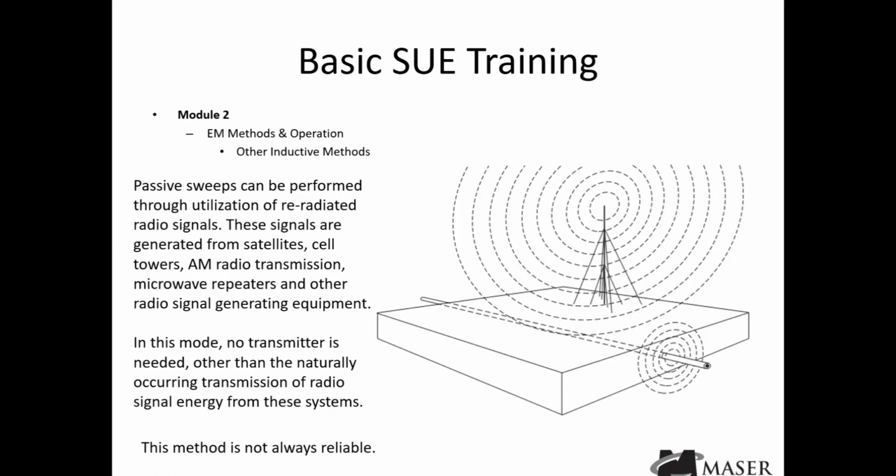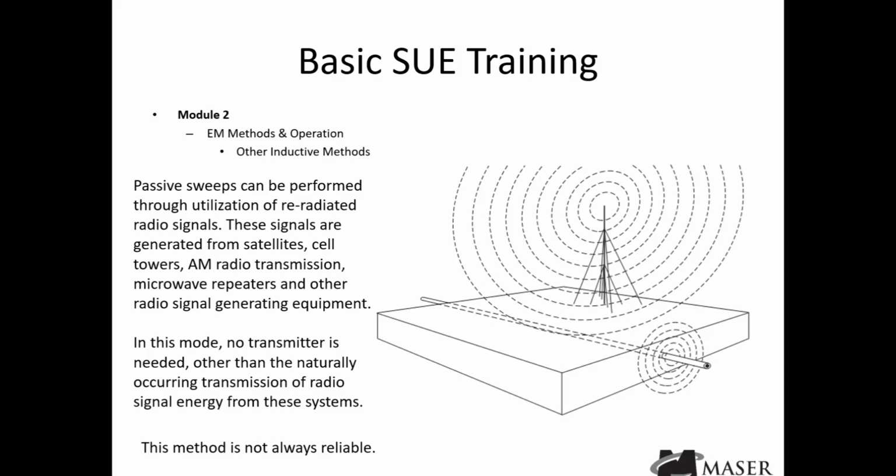Still another method that we can use is what we call radio mode. Radio mode essentially is something very similar. It's the passive re-radiation of AM radio signals, and not just AM radio signals. It's a number of frequencies. It's satellites, cell phones, cell towers, radio towers, AM radio beacons, all kinds of stuff that propagates radio waves in the air.